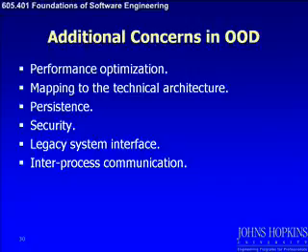You have to worry about things like security and interface to legacy systems, existing systems that you don't really want to throw away, but you want to provide a new object-oriented interface to those legacy systems. And the specific mechanism for communication from one process to another. So those are just some of the additional things we have to think about in design that we didn't really need to worry about at analysis time.